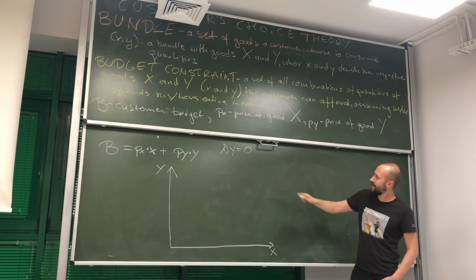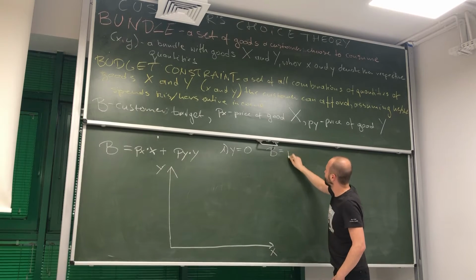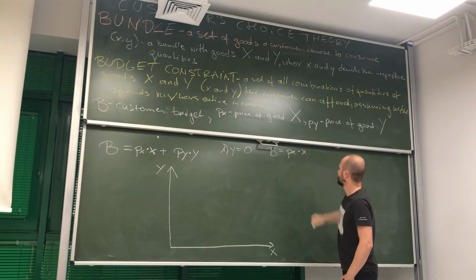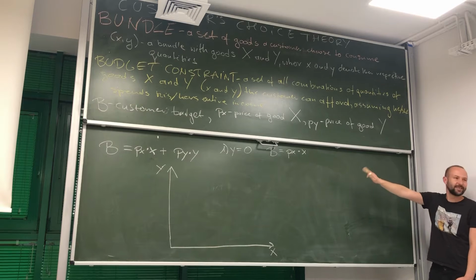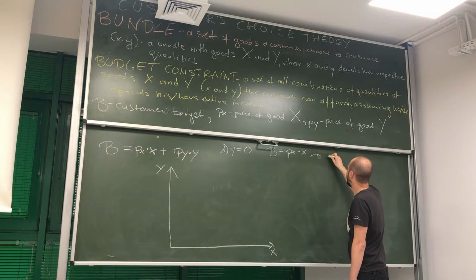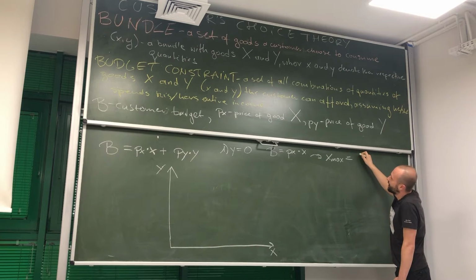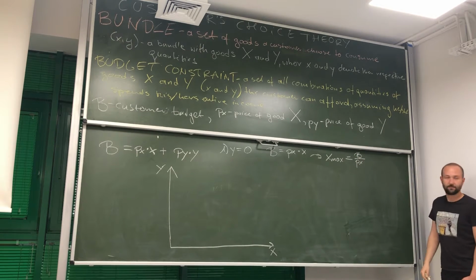Then we've got the budget constraint, where we replace y with 0. We get PX times x. And we see that if the customer would spend his or her entire income on good X, the customer would be able to buy a maximum of B divided by PX.